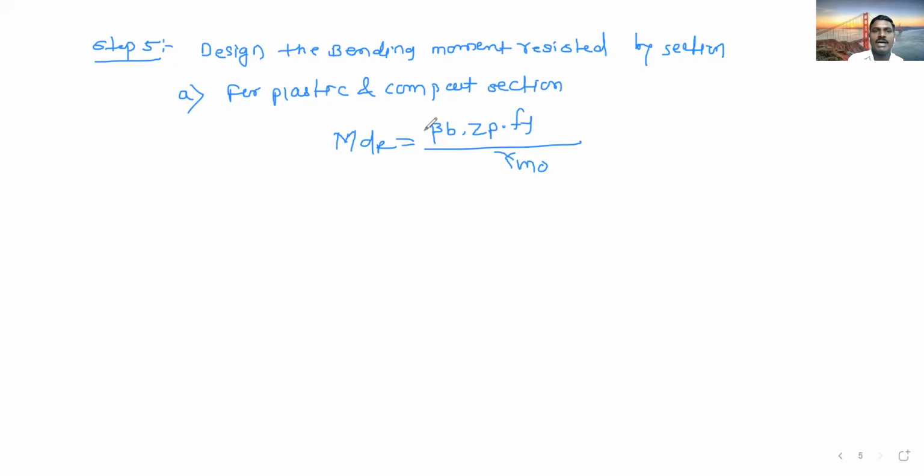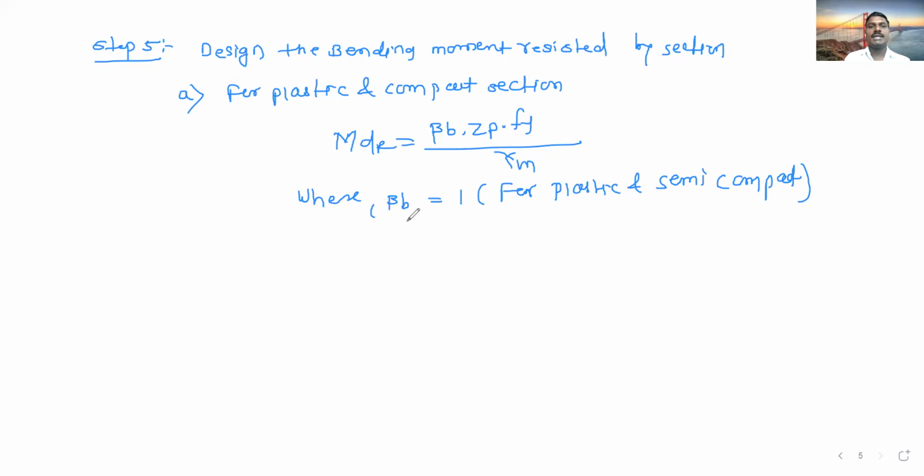This is the formula we have to use if the classification is plastic or compact. Here the value of beta b is 1 for plastic and compact section. If the section is plastic or compact, at that time beta b value will be 1.